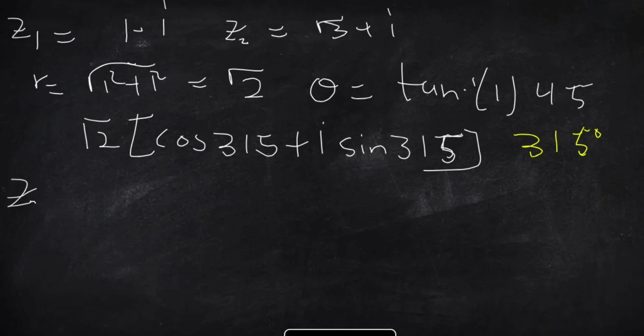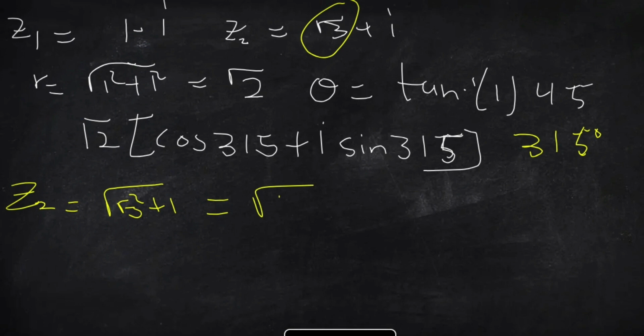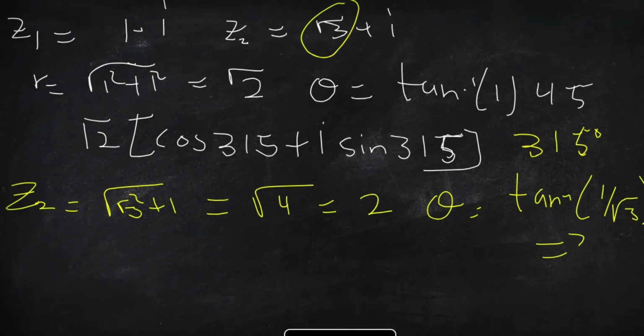Taking the second one, z2, we have our radius to be root of root 3 squared plus 1 squared, which is root of 4, which is 2, and our angle theta equals tan inverse of 1 on root 3, that is 30 degrees.